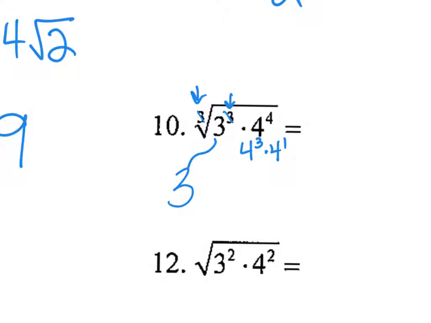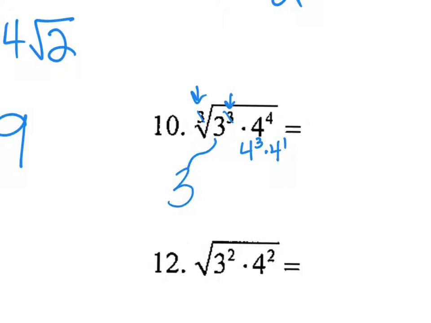But if I break it up into a 3 and a 1, then I can take out the 4 to the third. Do you see how the 4 to the third is going to be taken out because there's a cubed on the outside? They're both 3s. Because those numbers match up, and it's a third power and it's a cubed root, they're going to essentially cancel each other out. And this 4 is going to come out.